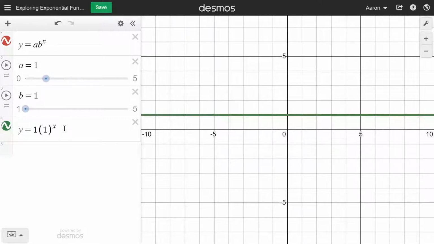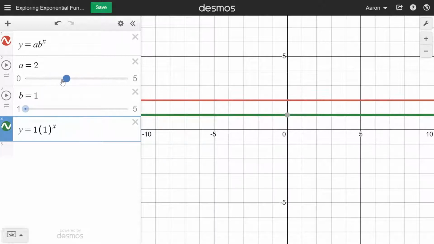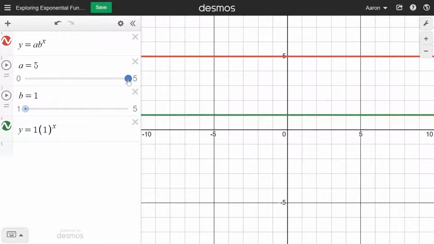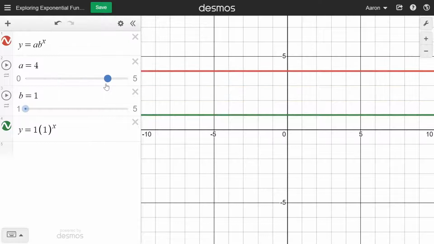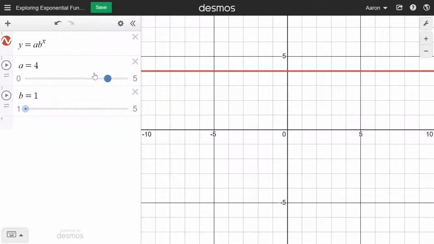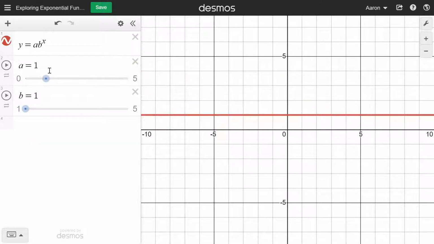So all we're doing is plugging in different values of a and b. However, if I change a to 2, my red line moves, or to 3, or to 4, or 5. In fact, I'm moving my red line around just by changing the a value. What does the a value change though? And how does this impact us?